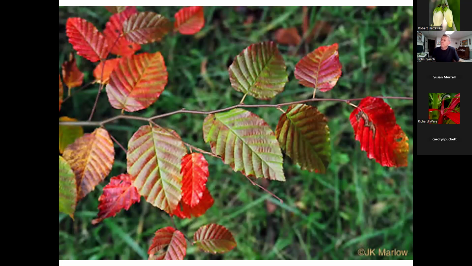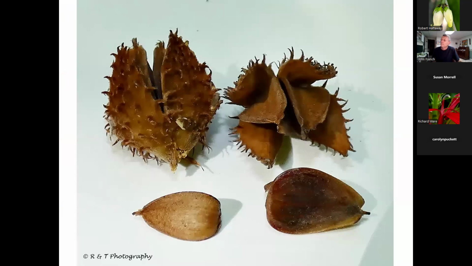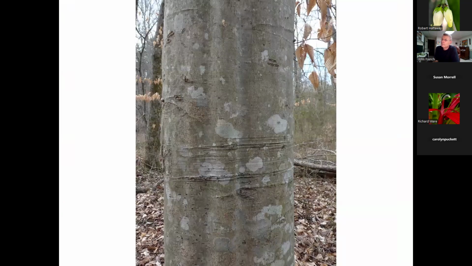Fruit, a triangular nut within a spiny burr. And there it is. Beech nut. So this is Fagus grandifolia. There is no other native species, but we do have a European species of beech that I've seen in the arboretum.